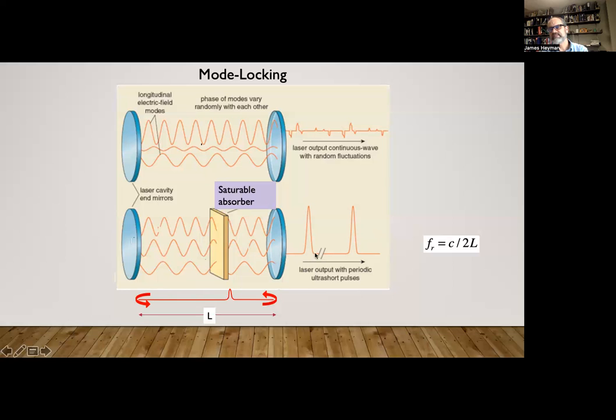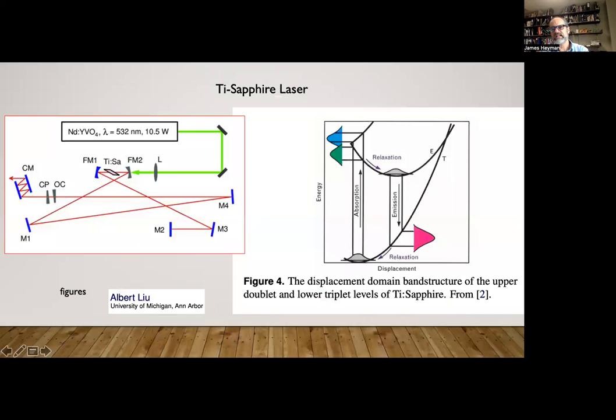So if we want to make this not too short, then we need to make the round trip time in the laser long. Going back for a second, that's why we have this long folded cavity inside of the laser. We want to make the time between pulses relatively long.